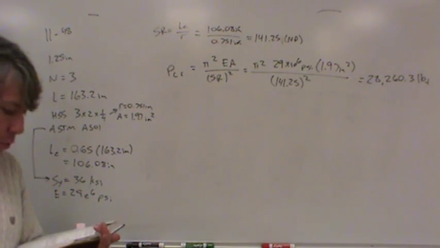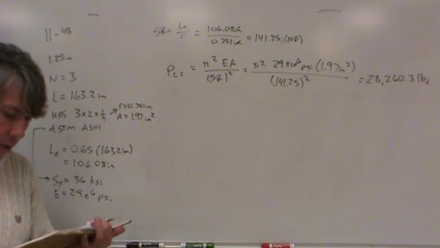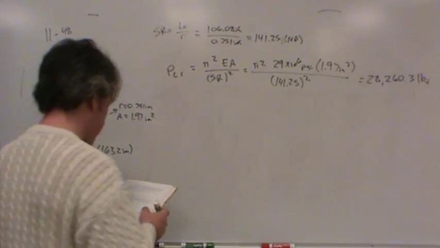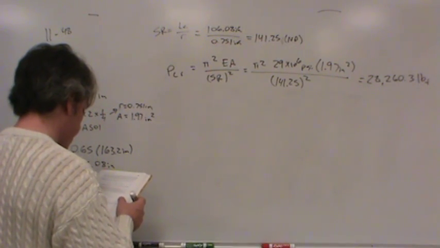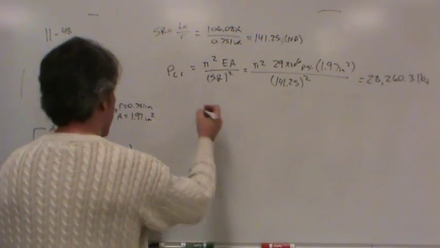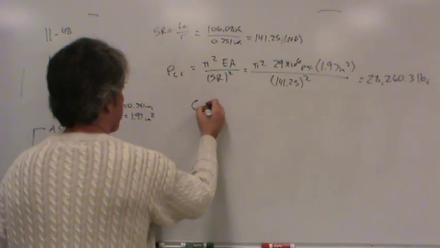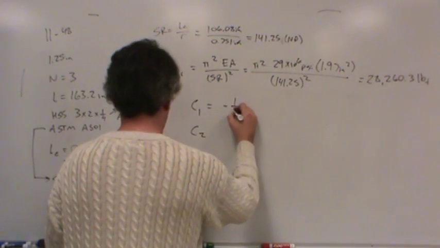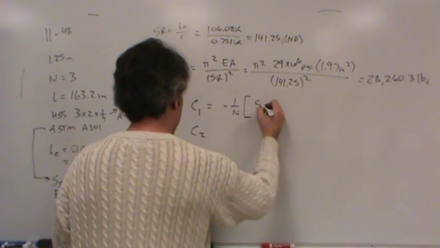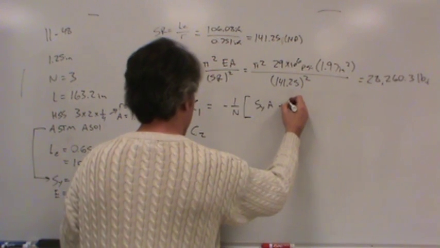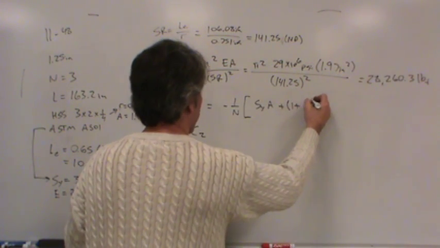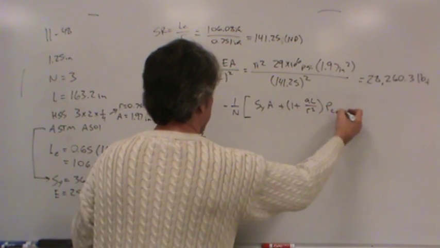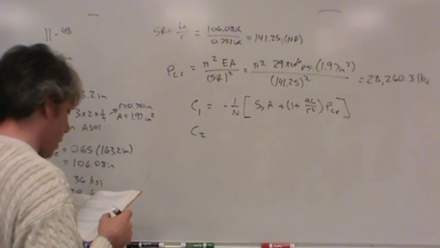Now if we go to page 625, we should have everything we need in order to calculate this. Now, your author notes that what I'm going to do is just write down the constants C1 and C2. It looks like C1 is negative 1 over N times the yield strength times A plus quantity 1 plus ac, and I don't know what ac is yet, we'll find out in a minute, divided by the radius of gyration squared times the critical load.